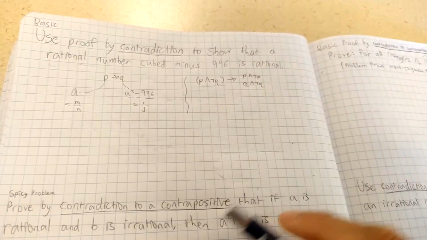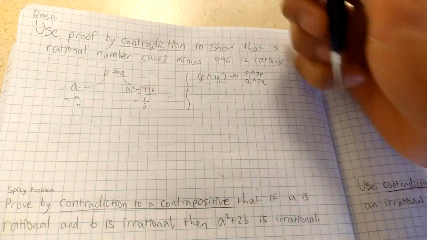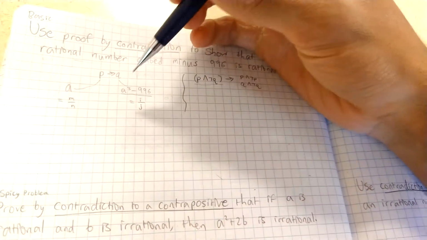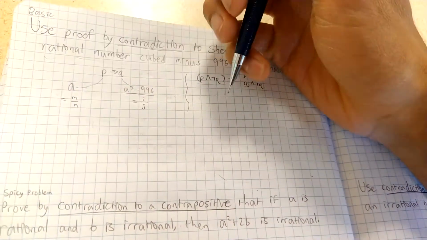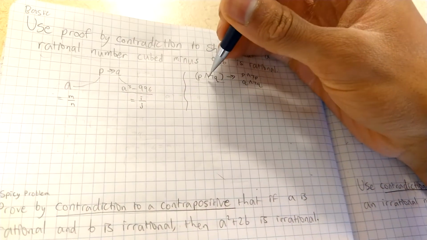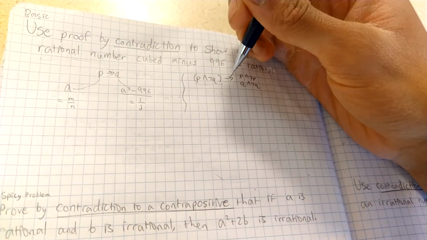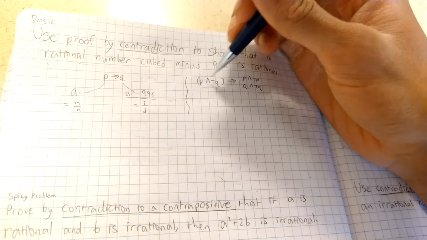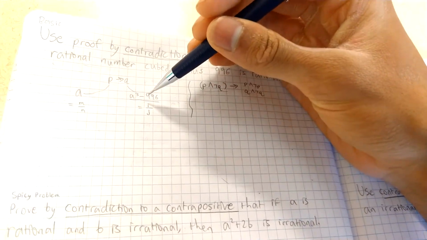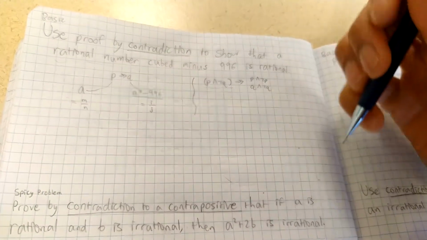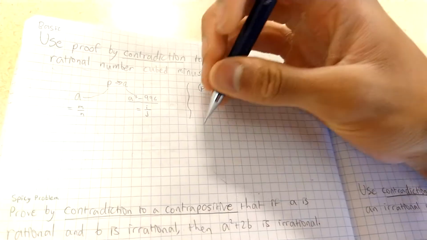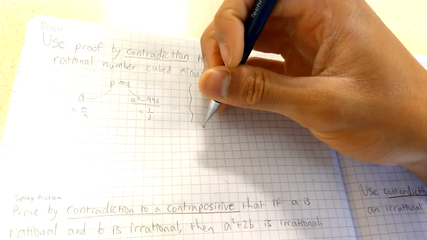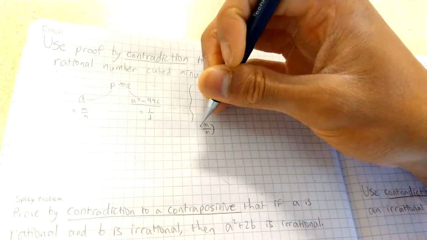So how we would do that is, let's see. Not Q would be that A cubed minus 996 is irrational.